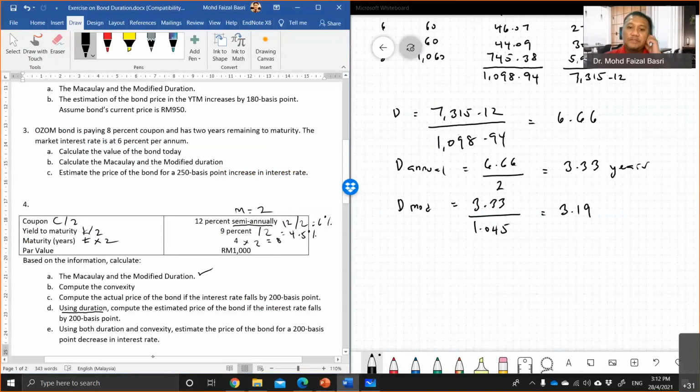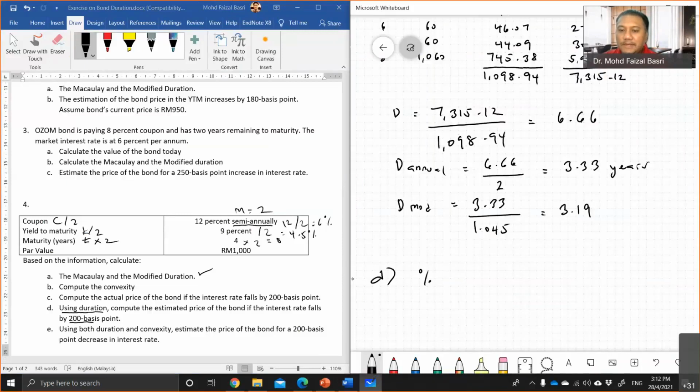Using duration, compute the estimated price of the bond if the interest rate falls by 200 basis points. So what does it mean? This is for D.